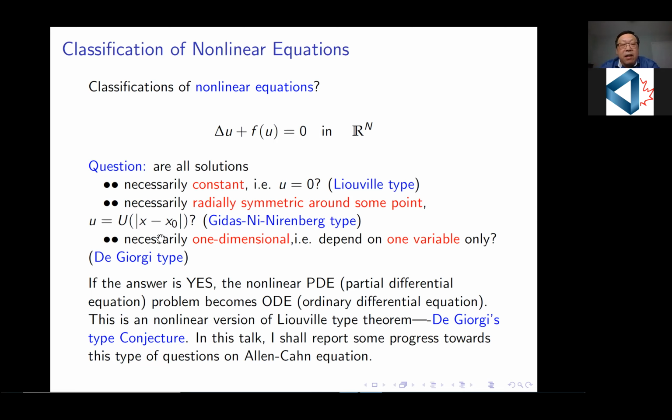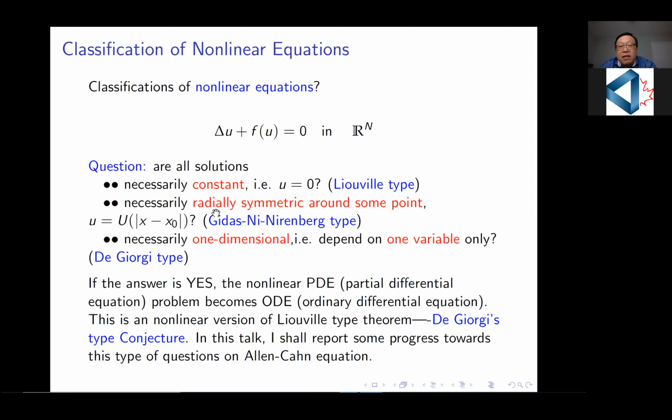Another type of question is, are the solutions one dimensional? In other words, they only depend on one variable. I call this the De Giorgi type question, and this is the question I want to study today. If the answer is yes, then we can reduce the nonlinear PDE to an ODE, and then we can solve the ODE problem.